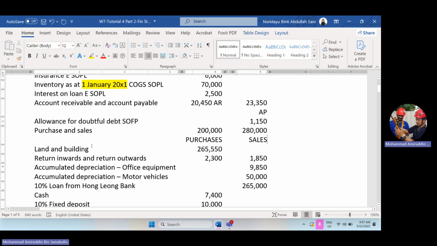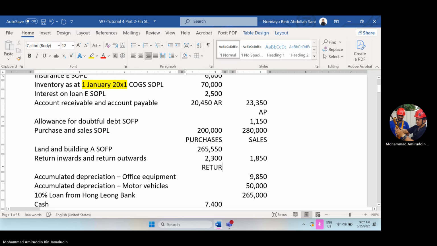Land and building. By the way, this one both goes to SOPL charge. Land and building, this is your asset, SOFP, non-current asset. Return inward and return outward. Again, the debit and credit, guys. This one should be your return inwards. Why?